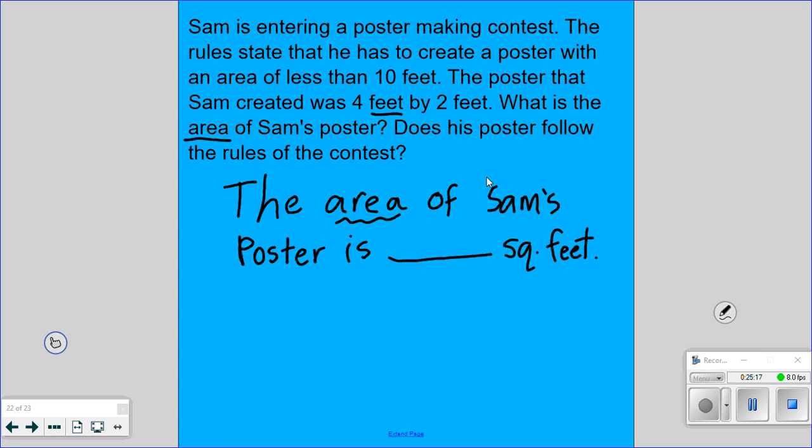Alright, let's look at the second part of this question. The second question says, does his poster follow the rules of the contest? What would be the answer sentence for that? I'm not asking you to answer it. I'm asking you to tell me what's the answer sentence.